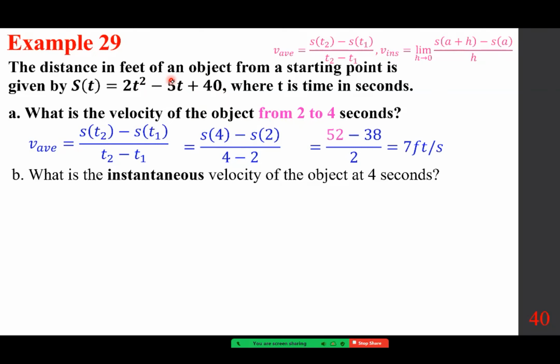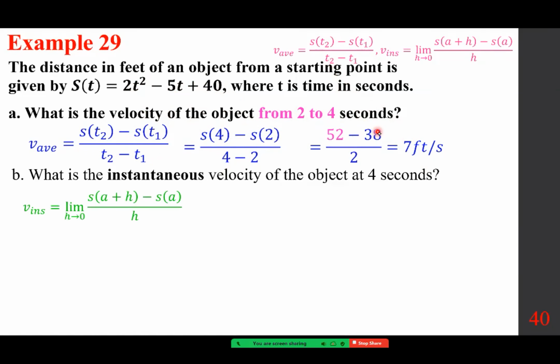You evaluate each one: s of 4, in other words, replace the t with 4, you get 52. s of 2, replace the t with 2, you get 38. Their difference divided by 2 is 7 feet per second, units of the numerator over the units of the time. I'm not concerned about this. I just wanted to remind you about this average velocity elementary algebra.